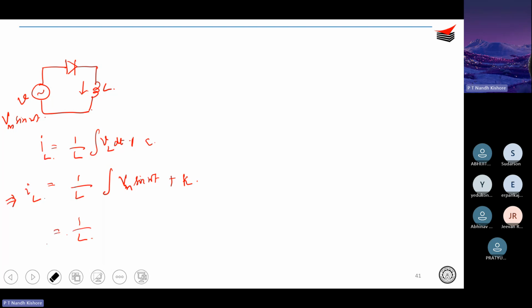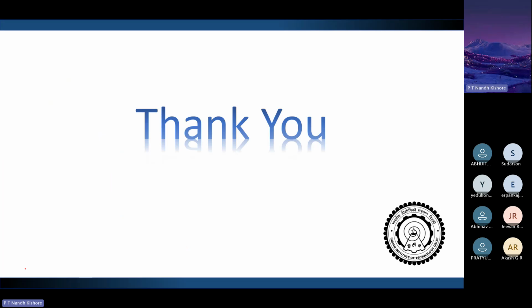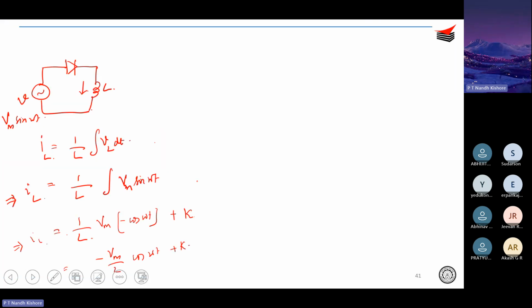So sorry for that. So 1 by L, Vm is a constant anyway, and integral of sine is minus cos omega t plus K, correct? That is minus Vm by L cos omega t plus K is your IL.